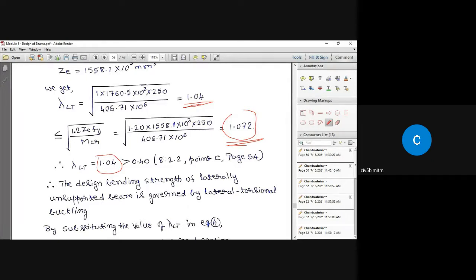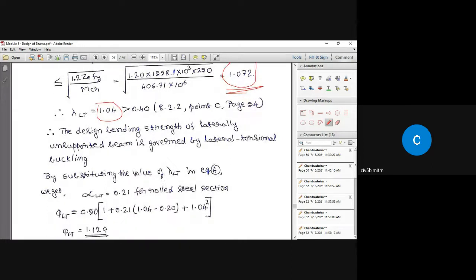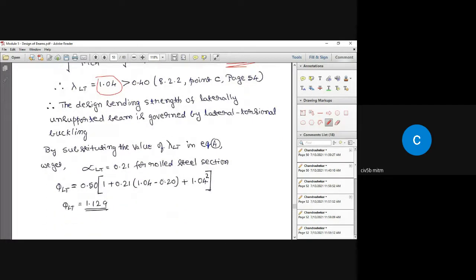Go up and read those 3 lines under 8.2.2: resistance to lateral torsional buckling need not be checked separately in the following cases. That means it should be considered as a laterally restrained beam if the value of lambda LT is less than 0.40. Here it is greater than 0.40, so we have to check the section for lateral torsional buckling.